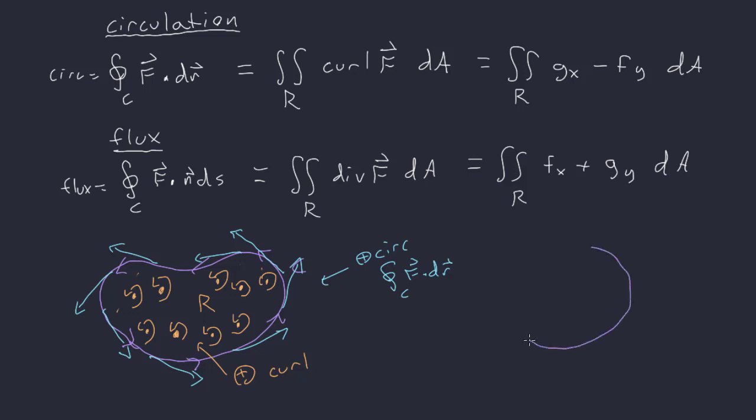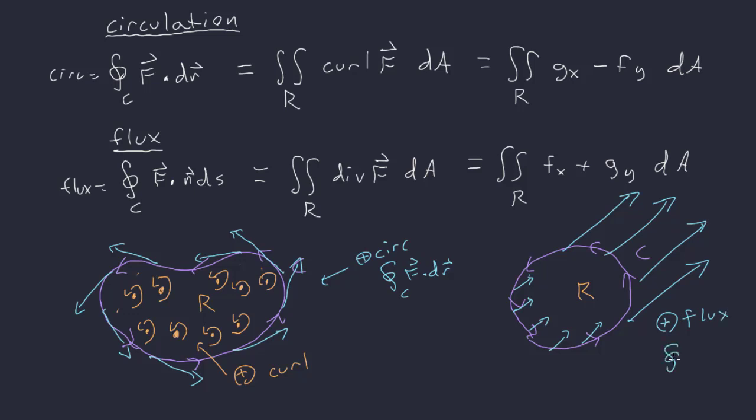Okay, and we have a similar idea for the flux. If we have a curve C and a region R enclosed within, and let's say we have a positive flux, so maybe we come in this way and we exit this way, so that we get a positive flux, which will be the line integral of F dot n ds over C. What Green's theorem says is that we can just calculate the divergence of the entire region.